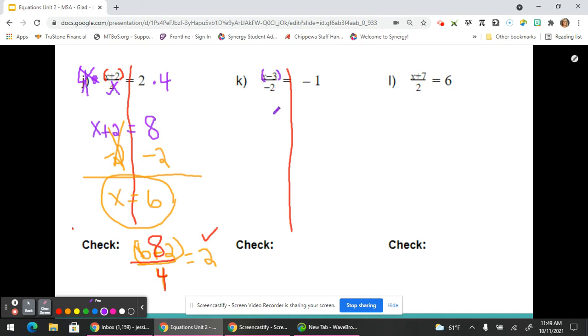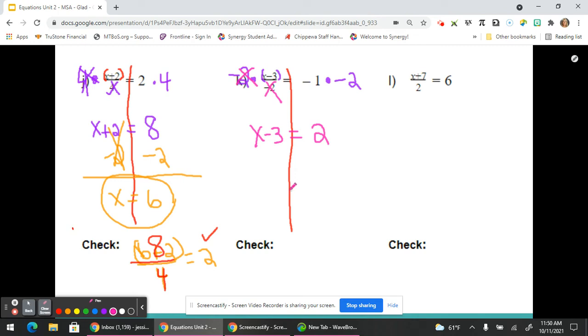So here on this one, we're actually going to start by removing the divided by negative 2. So I'm going to multiply by negative 2 on the left, and then I'm going to come over here and multiply by negative 2 on the right. So divide by negative 2, multiply by negative 2 are going to cancel. They are inverse operations. And I'm left with x minus 3, which equals a negative plus a negative is a positive 2.